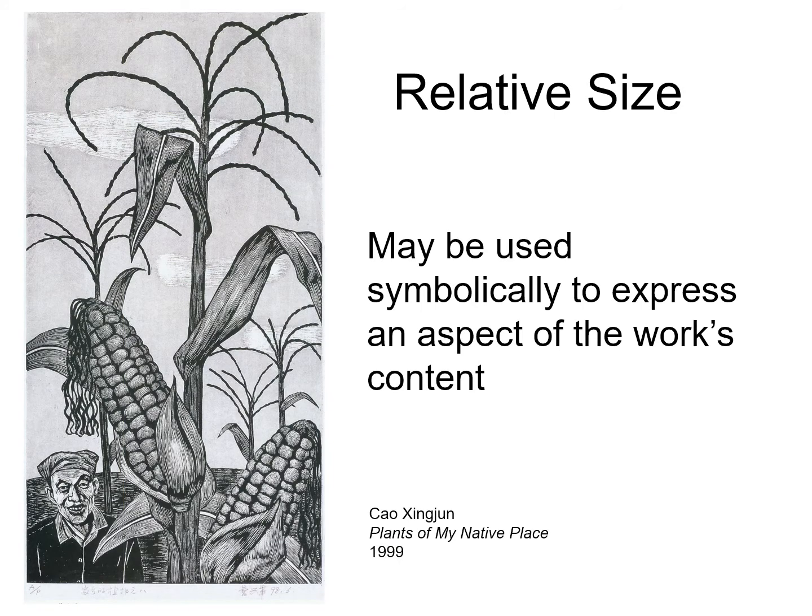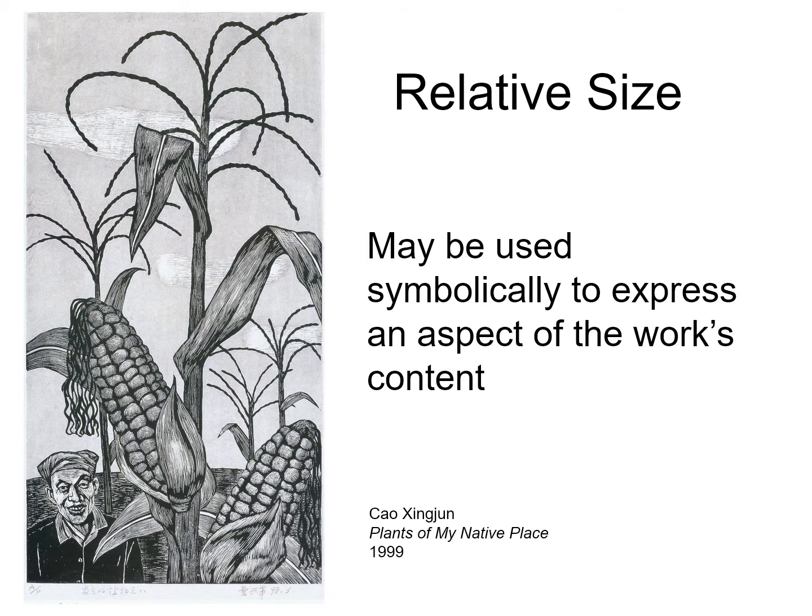In this case, relative size is used symbolically. The artist is not suggesting that those are really massive ears of corn, but because of where the corn is placed in the work, which is in the foreground, it creates what's called forced perspective, remember that term. And then we have the farmer who's relegated down to the lower left corner, and his head is only about 1/3 the size of an ear of corn because of how the composition is constructed.